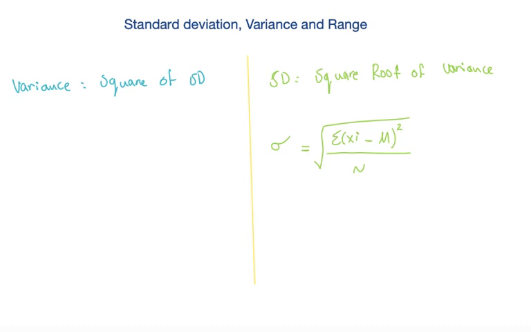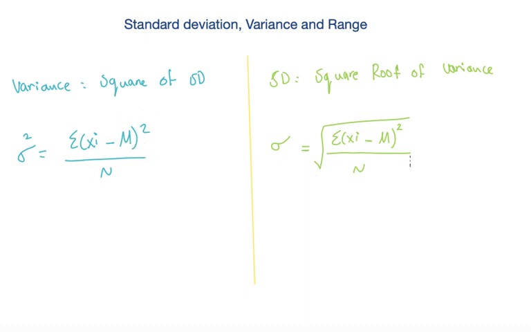If we want to get the variance of that, we just get the square of this SD. So let's say sigma squared equals the sum of all data set point minus the population mean all squared over n, and we get the square of that, which means that we're actually removing this square root, so we end up with this.